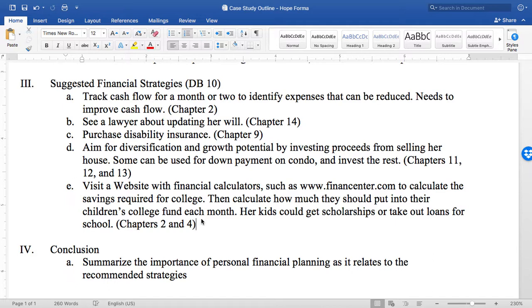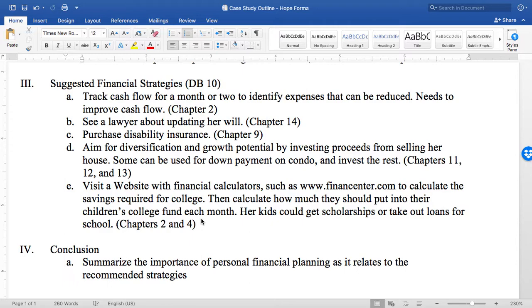And then my last strategy has to do with saving college funds for her kids. So I can go online and do some research on how much money is required, but also recognize that her kids could get scholarships or take out student loans for school, and that not the entire burden is all on her because she does have to take care of her own retirement as well. And that can come from Chapters 2 and 4.